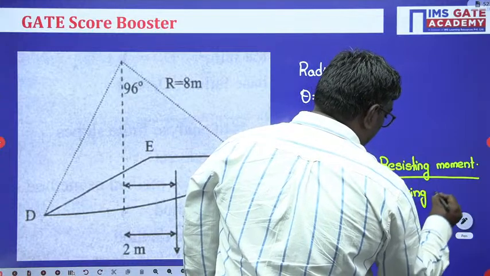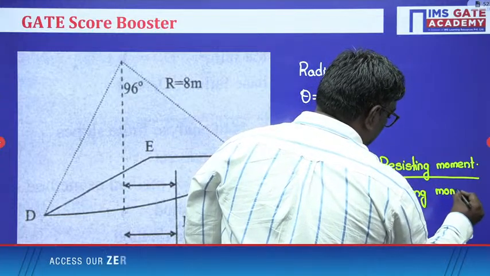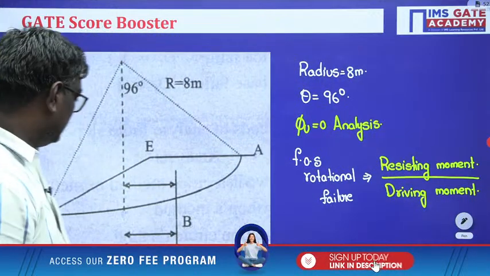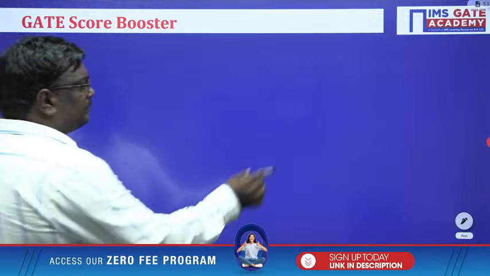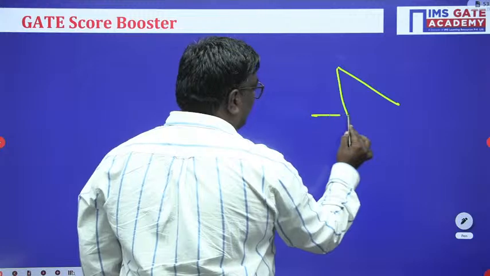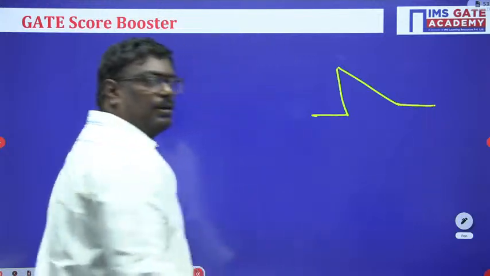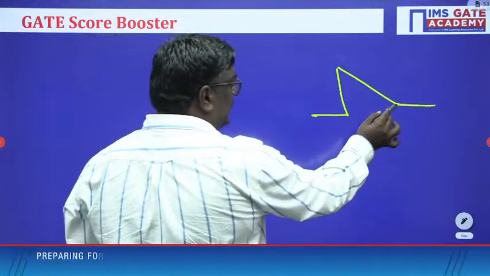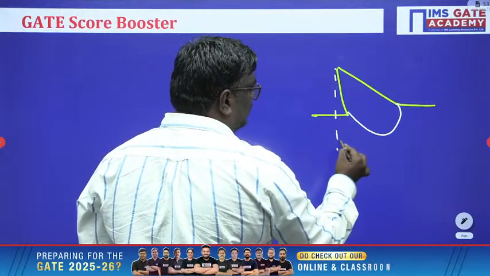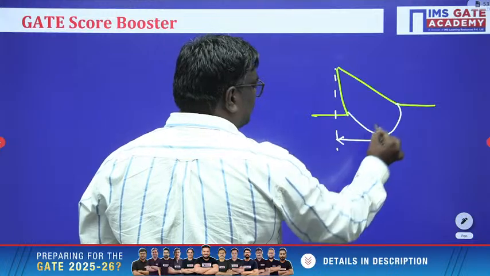It is the ratio of resisting moment upon driving moment. Now see, students, if I consider the failure surface, the failure surface is an arc of a circle, and here you will call this the centroidal distance.